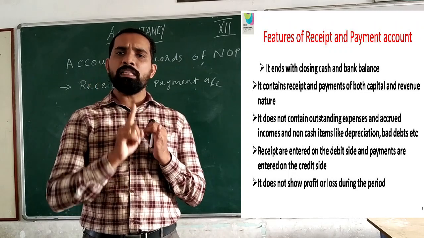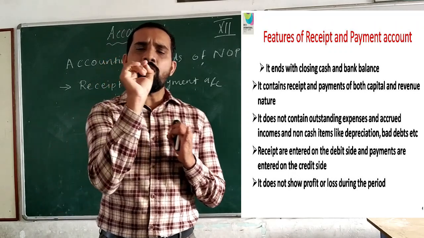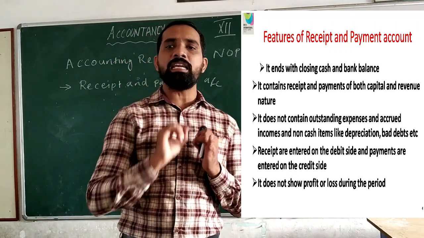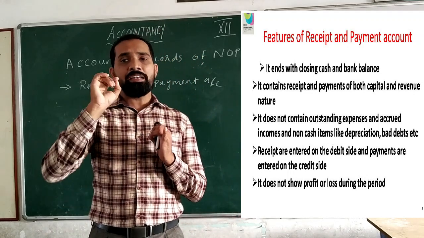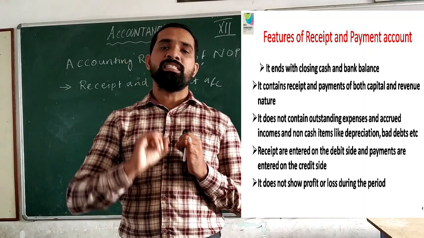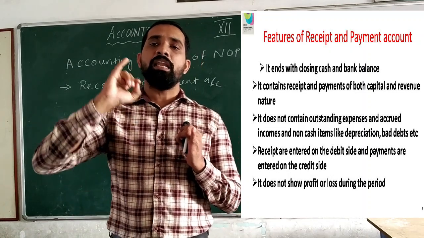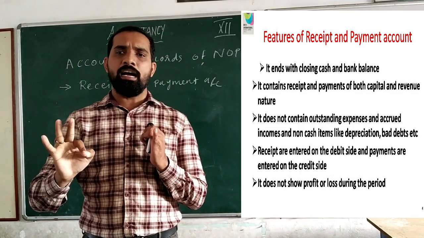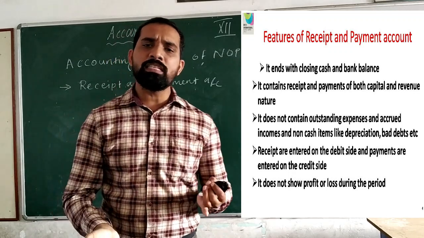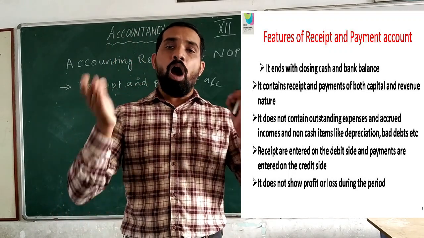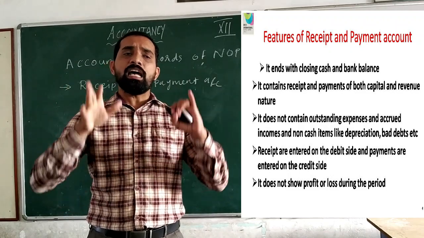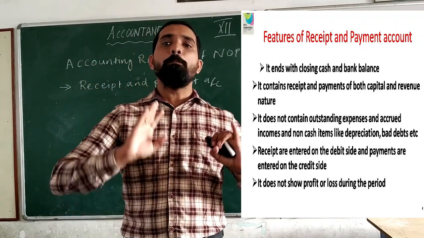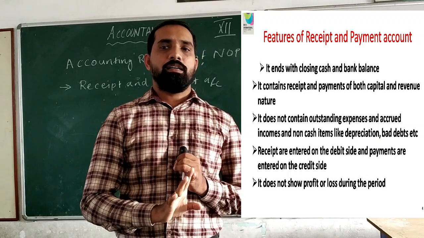And one more thing, it does not contain outstanding expenses, accrued incomes and non-cash items like depreciation, bad debt, etc. What do you mean by outstanding expenses? Outstanding expenses means expenses due but not paid.